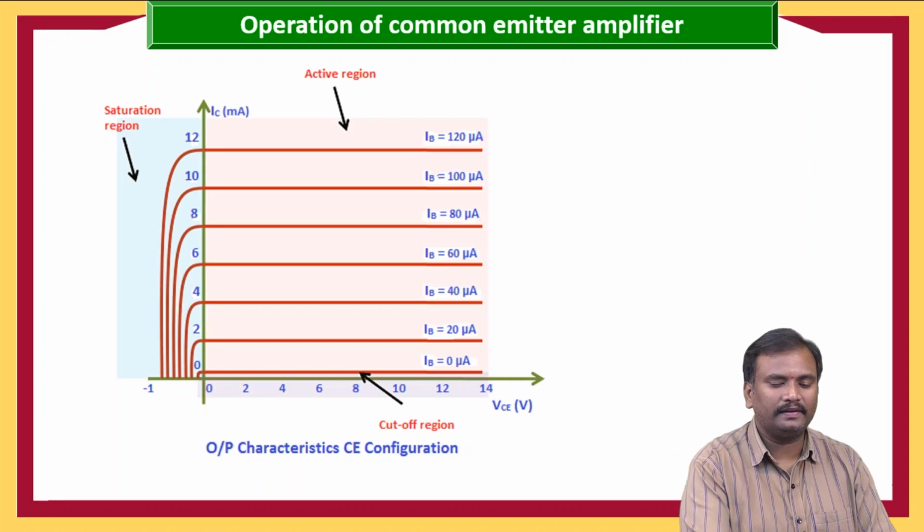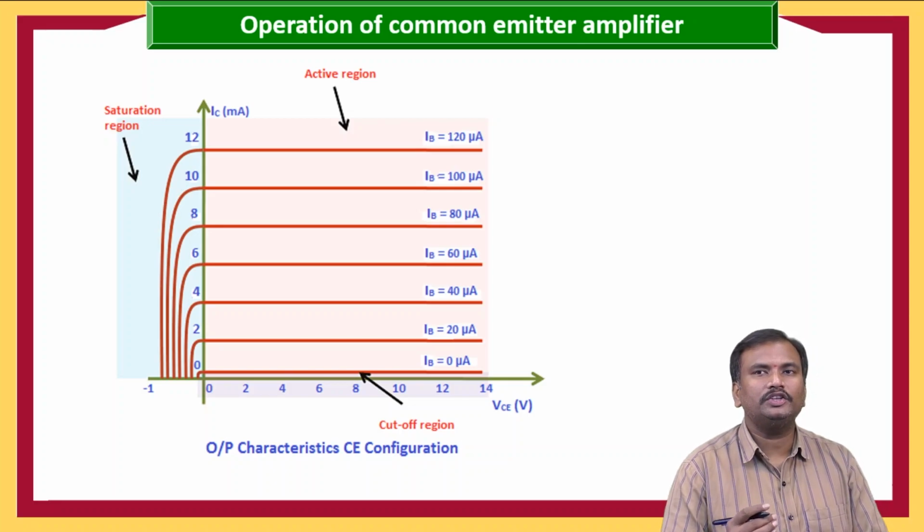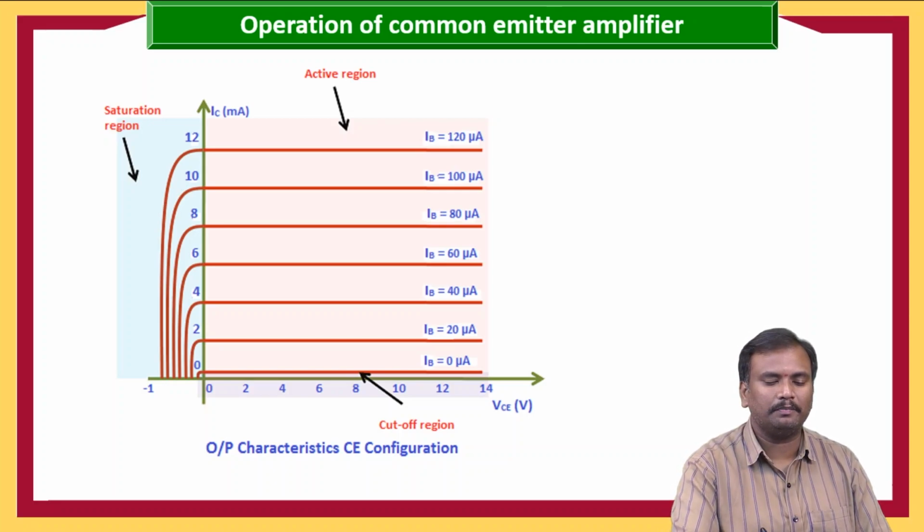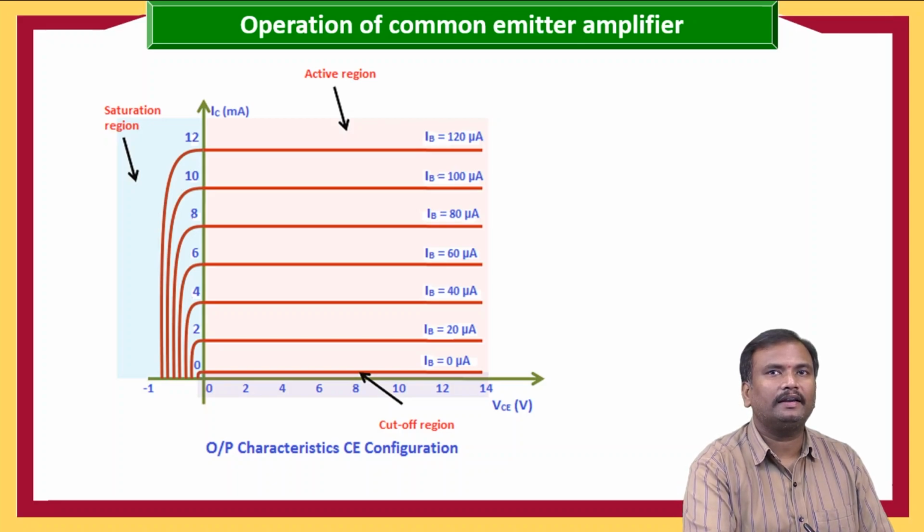Like that, when we go on changing the base current from 20 to 40, 60, 80, 100 and 120 microamperes, the collector current also increases.